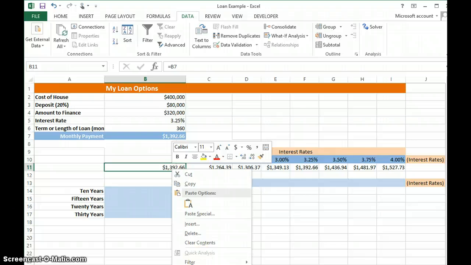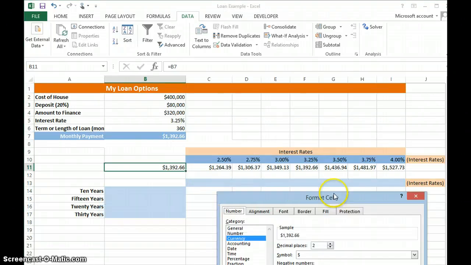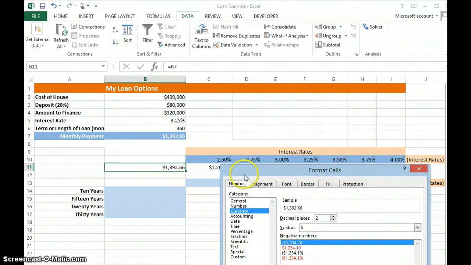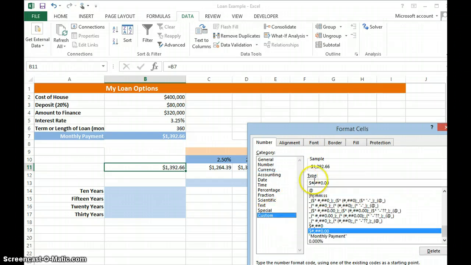So what you can do with that one is you can highlight that and set it to a special custom format here, and just write in here in quotation marks. Got to have the quotation marks. You can just put in "monthly payment".